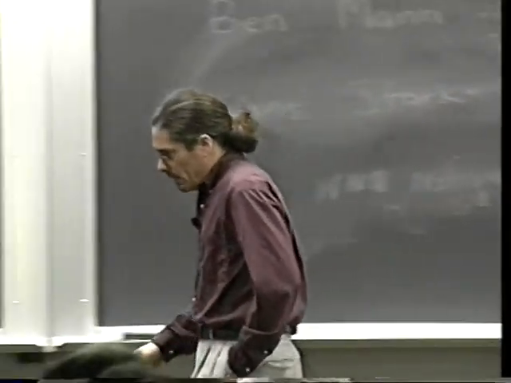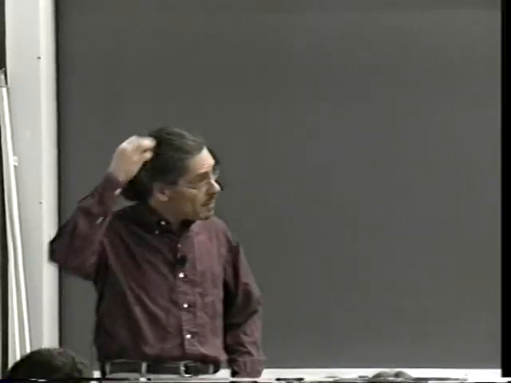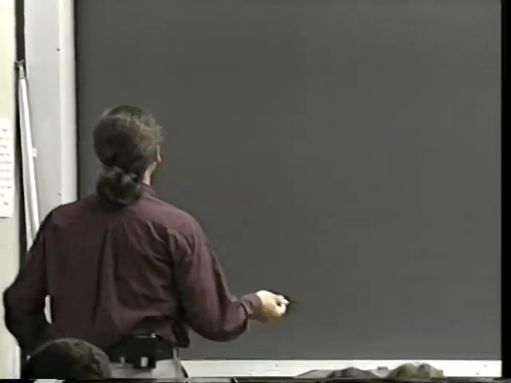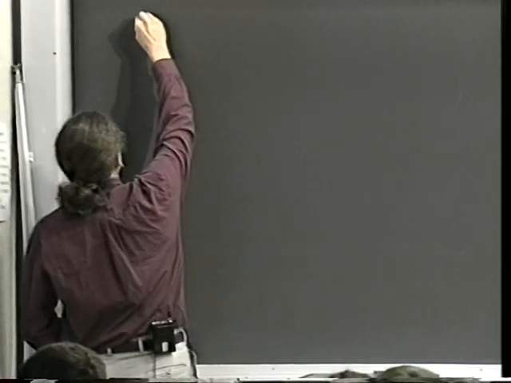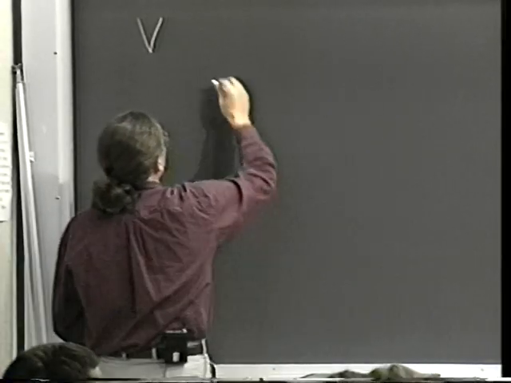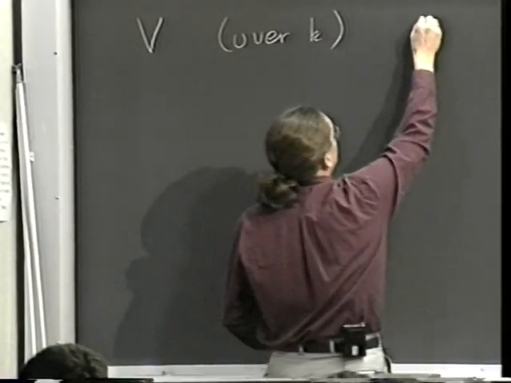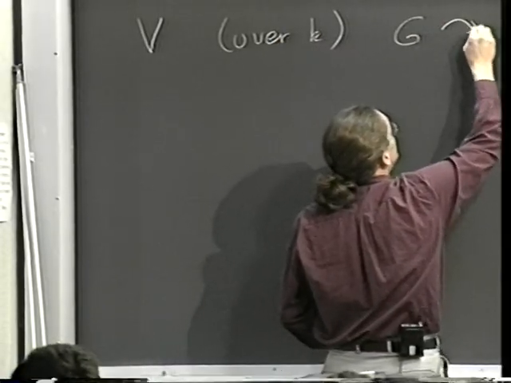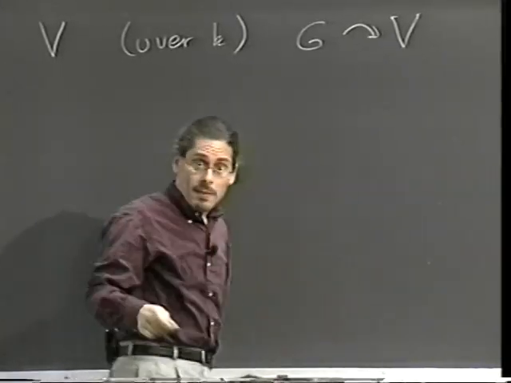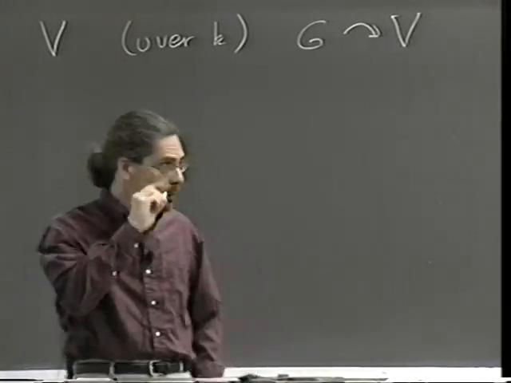So for the moment, we're not going to just look at the situation of points in the plane, but something much more general, namely we'll have a finite dimensional vector space V over a field K, and we'll have a finite group G acting on V by linear automorphisms.